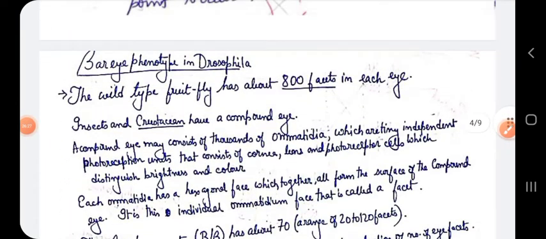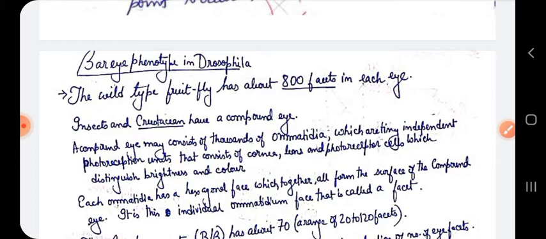So here the name has been given: bar I phenotype in Drosophila. What does it mean? It is saying that sometimes duplications of certain genetic regions may produce some specific phenotype. So there are some specific regions. If those specific regions within the chromosome are duplicated, some specific phenotypic features, some specific characteristics, can be observed.